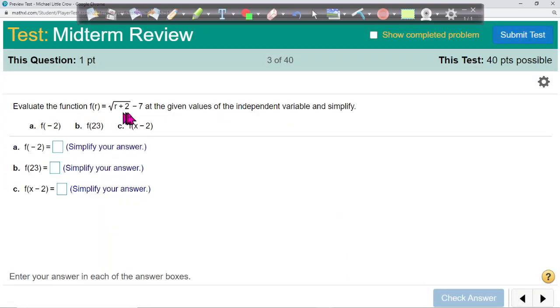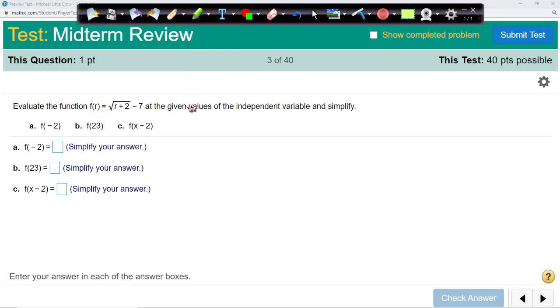So now we're asked to evaluate this function at the given values of the independent variables. Simplify. So we're plugging in -2, we're plugging in 23, and we're plugging in x minus 2. So we could do each of these separately, and you're welcome to use a calculator, but at the same time we'll do these writing them out here.